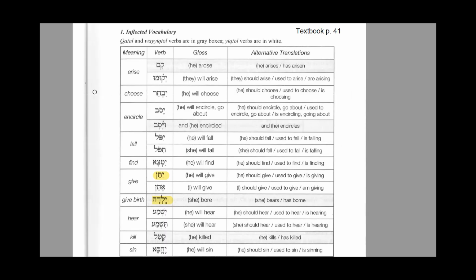And we can find that over on page 41. We'll jump over there. And here it is right here. Attain. It's I will give. So that's first person singular. I will give. So we will begin right there with I will give.